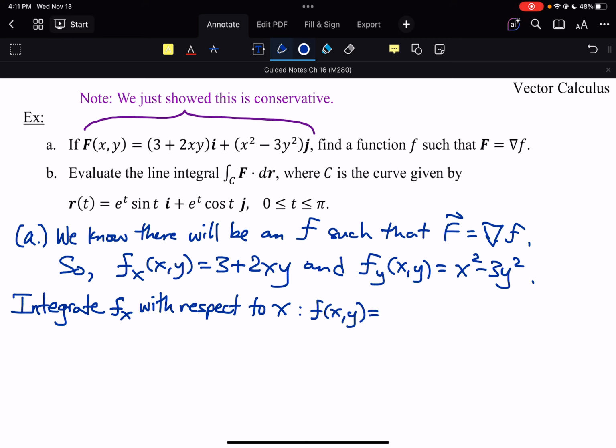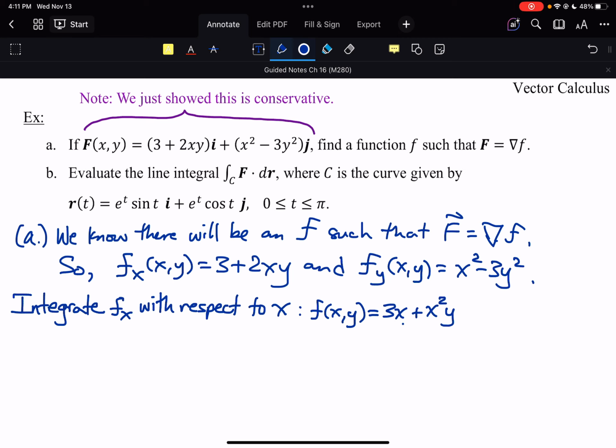So we take the antiderivative of this with respect to x. That's going to be 3x plus x squared, and the y will just tag along. Again, if you don't believe me, take the partial derivative of this, and you'll see you get back to here.